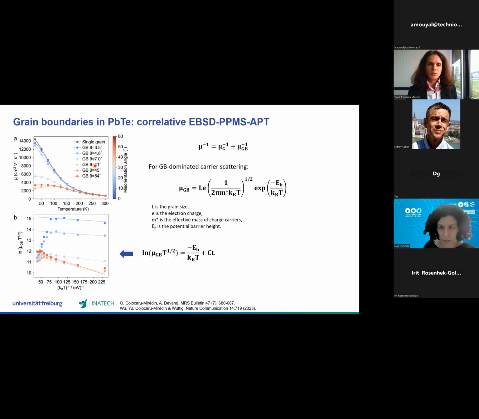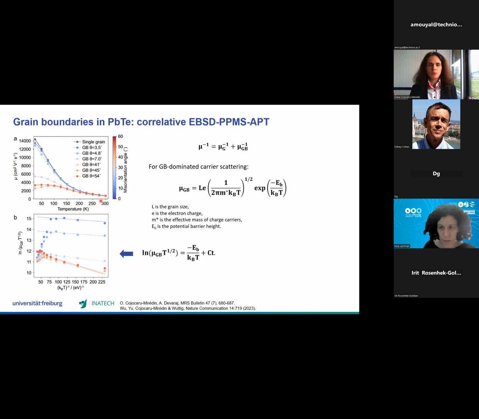From material science, we know that when we have a high misorientation angle above 15 degrees, they are called high angle grain boundaries, and with a misorientation angle below 15 degrees, they are called low angle grain boundaries. And as I also said before, low angle grain boundaries are defined by a dislocation array. So what we see here is that at room temperature, we have no differentiation between the bulk, which is gray, and the other grain boundaries.